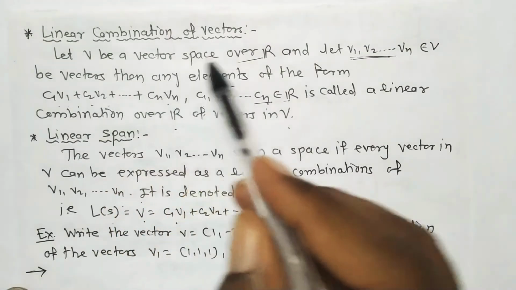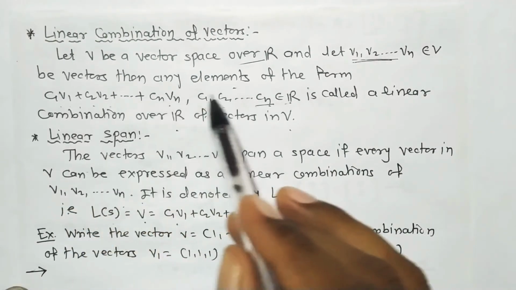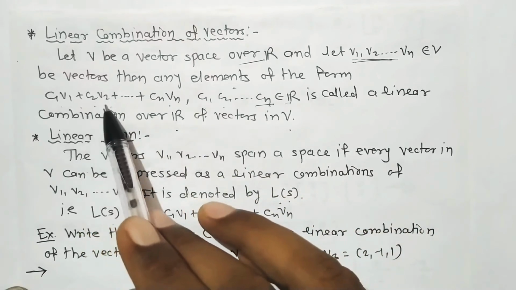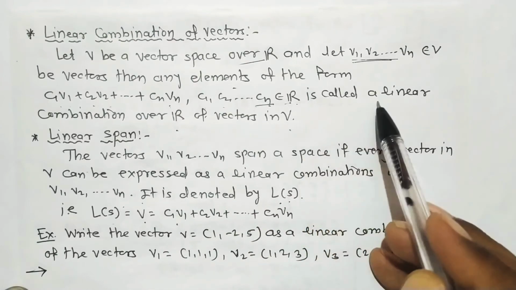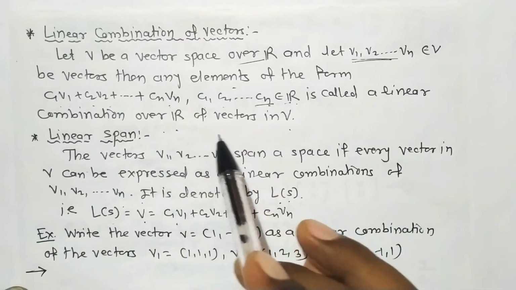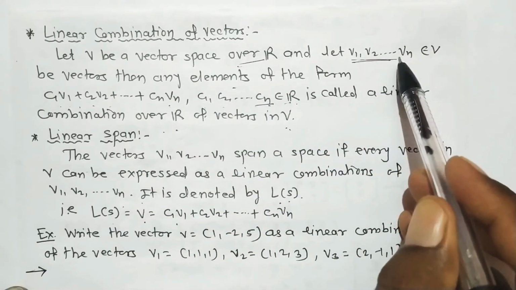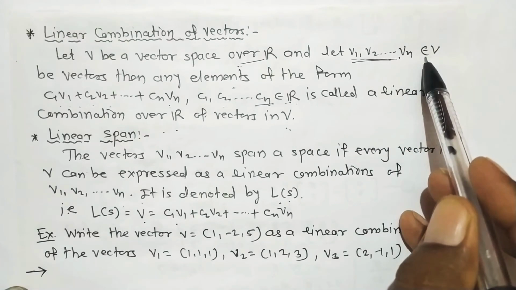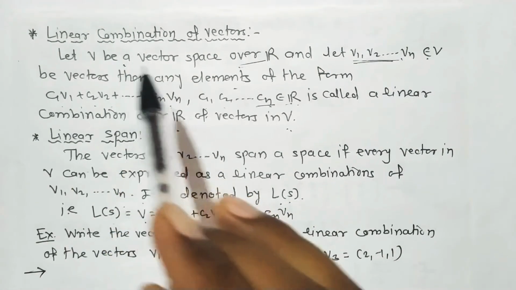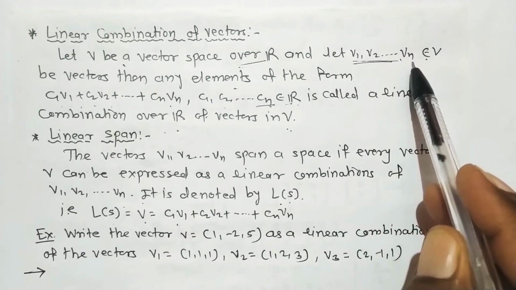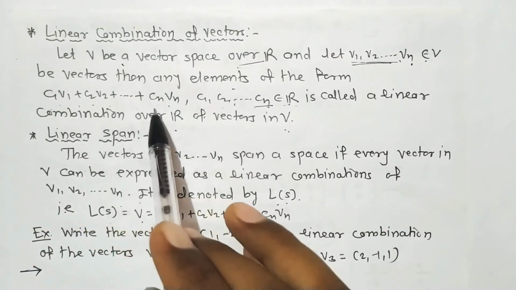So let V be a vector space over R and let V1 to Vn be elements of V, that are the vectors. Then any element of the form C1 V1 plus C2 V2 plus so on plus Cn Vn, where C1, C2, Cn are elements of R, is called a linear combination over R of vectors in V. Means if we take any vector v in V, we have to write that vector as a linear combination, or if V1 to Vn are elements of V, then there exist n scalars C1 to Cn such that C1 V1 plus C2 V2 plus Cn Vn.